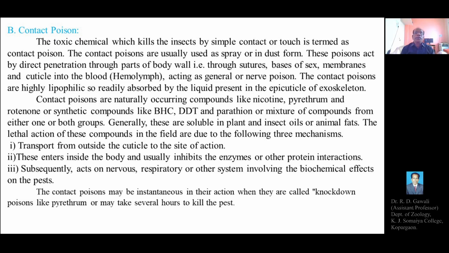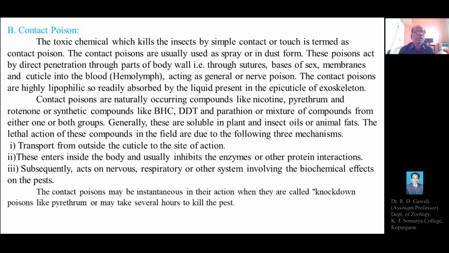They enter the body and reach the blood or hemolymph, acting as a general or nerve poison. Their toxic or killing effect is caused only when they penetrate the body wall into the body tissues and reach the hemolymph, leading to a toxic effect as a general poison or a nerve poison.